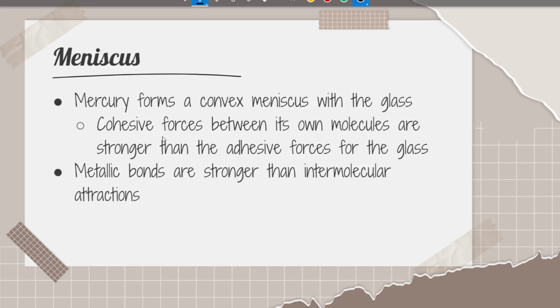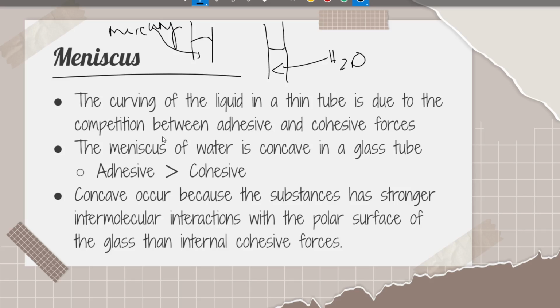The idea here is that when we look at H2O and those liquids, they're only dealing with IMFs, specifically for this one up to hydrogen bonding. Whereas on the other hand, if we're looking at convex, the metallic bonding is going to be stronger.